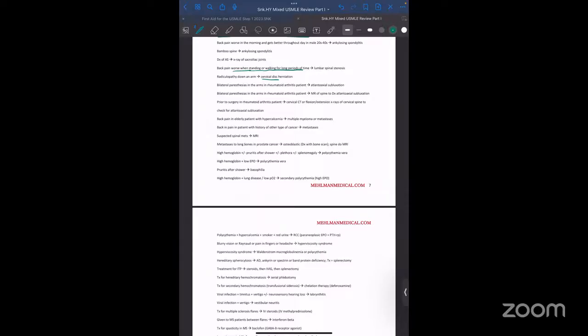Bilateral paresthesias in arms in a rheumatoid arthritis patient. Think atlantoaxial subluxation. This is very high yield in a rheumatoid patient. Bilateral paresthesias in the arms in a rheumatoid arthritis patient, what do we do? MR of spine to diagnose atlantoaxial subluxation. Prior to surgery in a rheumatoid arthritis patient, cervical CT or flexion-extension X-rays of cervical spine to check for atlantoaxial subluxation.